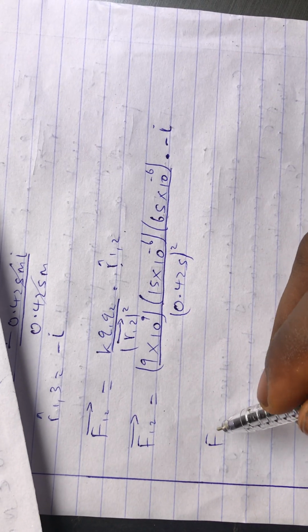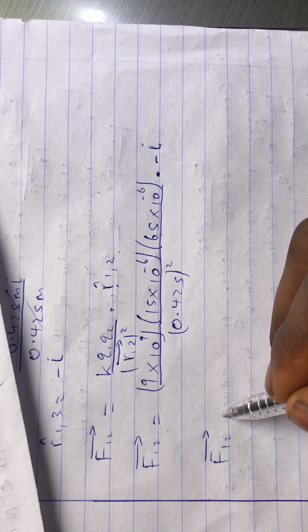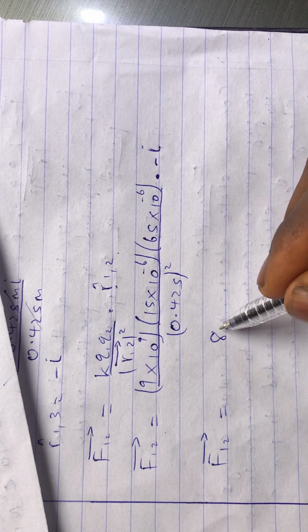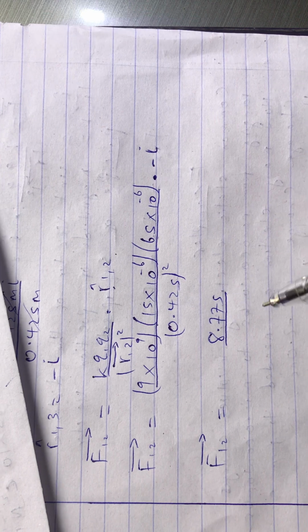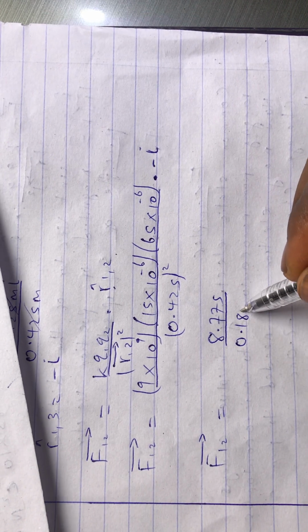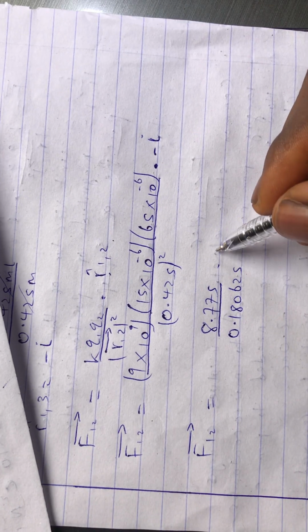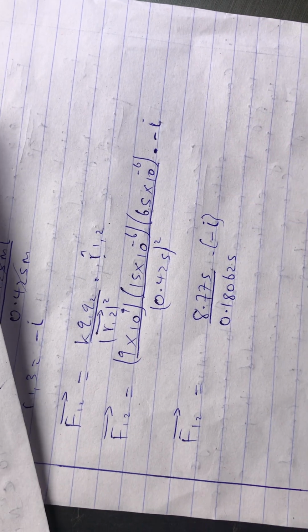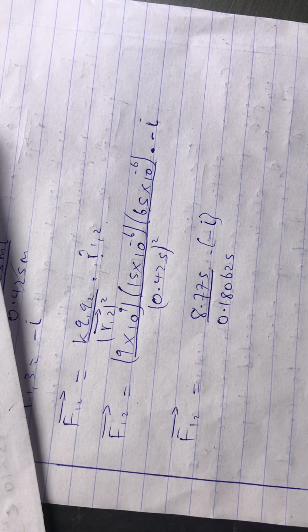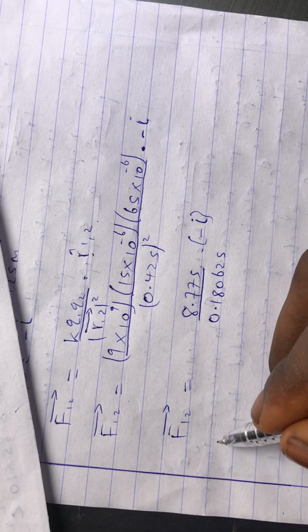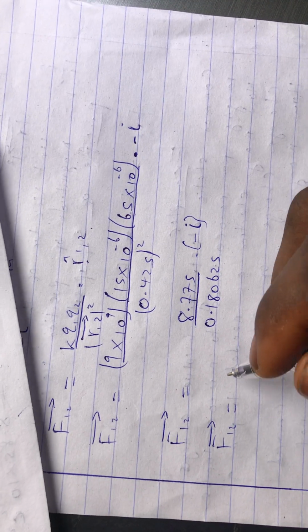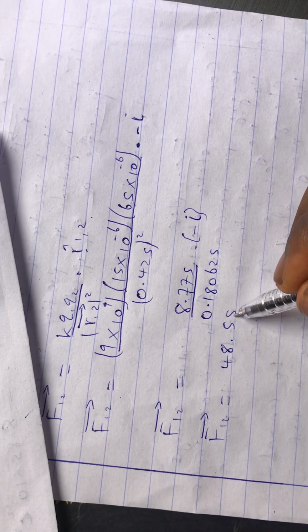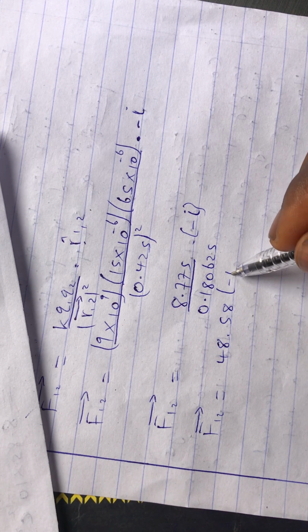Now we proceed. Our force 1 and 2, when you multiply the numerator, you're going to have 8.775 divided by 0.180625 times minus i. Now when you divide this by this, it gives you 48.58 times minus i.